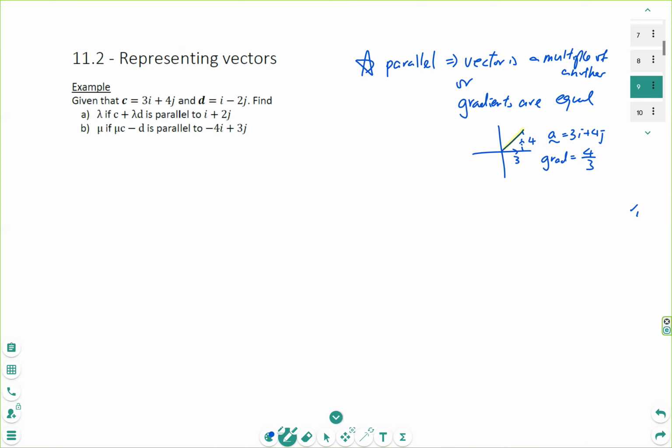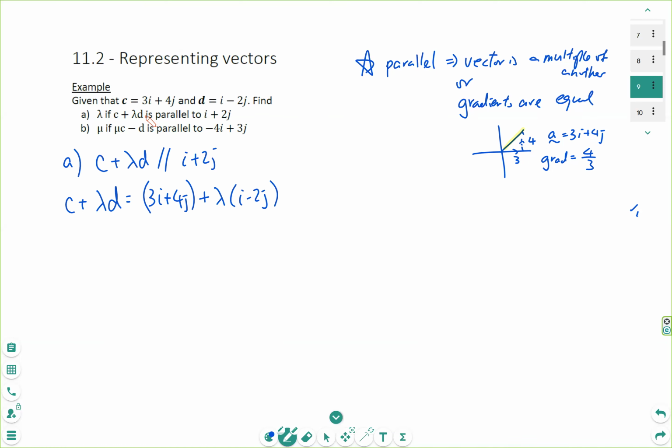So part A. C plus lambda D is parallel to i plus 2j. Let's work out C plus lambda D first in terms of lambda. C is 3i plus 4j, plus lambda times D, that is lambda times i minus 2j. Some people prefer to write i and j, and some people like to use column vectors.